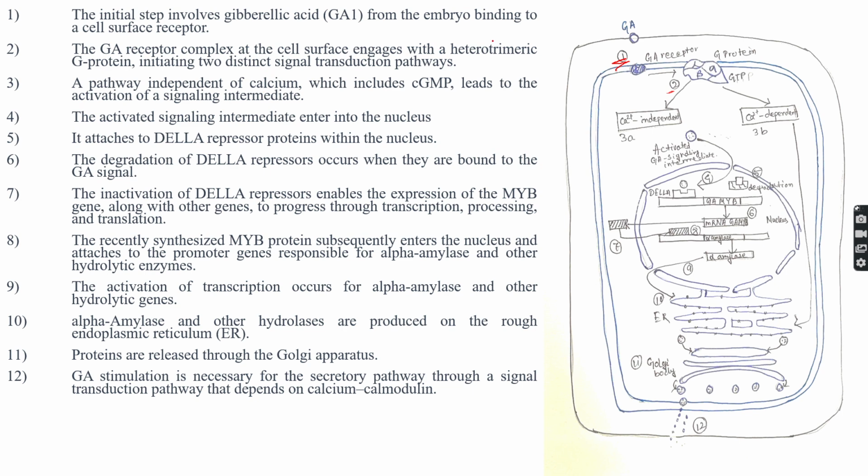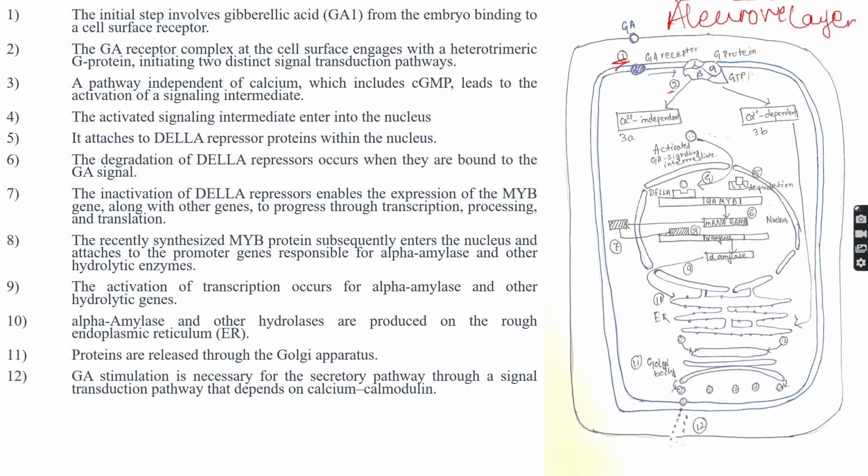In the first point, we can see the initial step involves the gibberellic acid from the embryo binding to the cell surface receptor, and these things are happening in the aleurone layer.